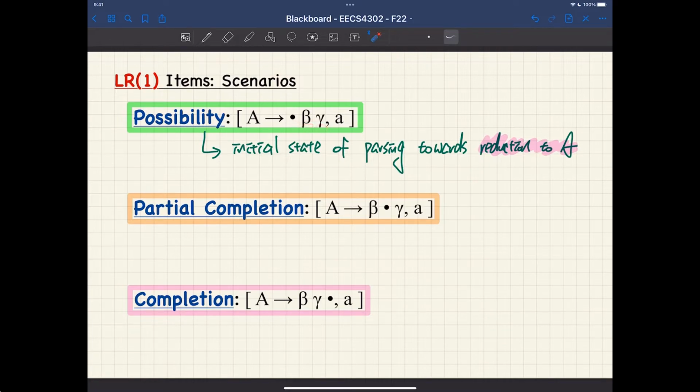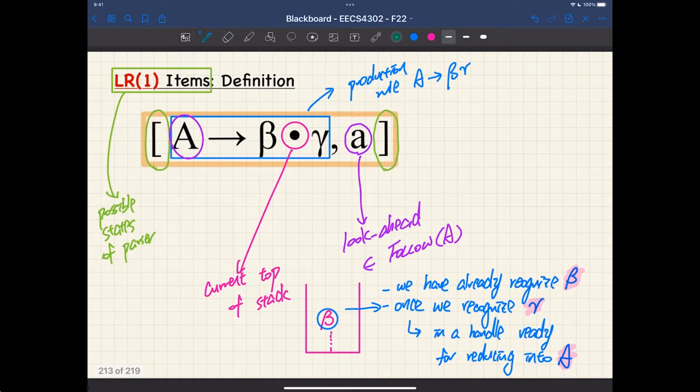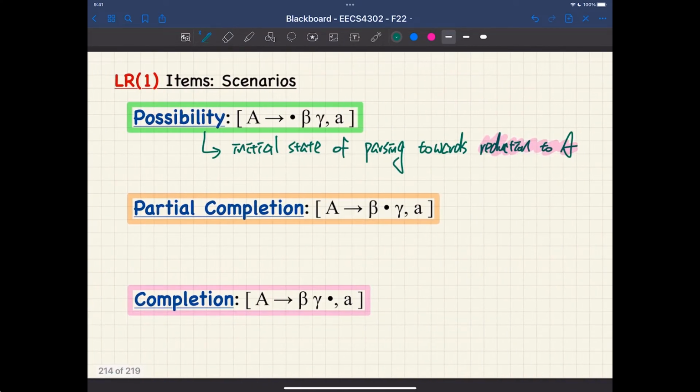But so far, we have not recognized any one of them. We're just in the beginning, the initial stage. And this will be the partial stage, that we just talked about.